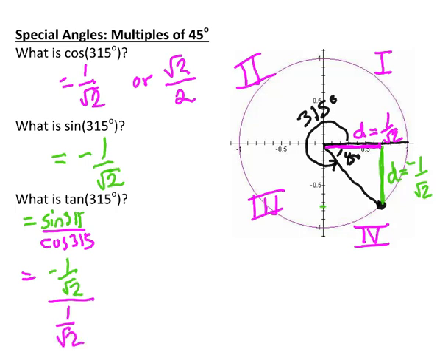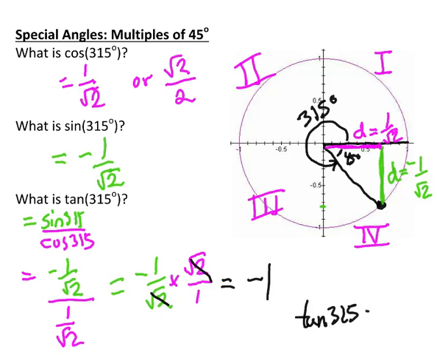You can keep the top fraction the same, so keep the negative 1 over root 2 the same on the top, but multiply by the bottom fraction flipped upside down. And you can see that the root 2's again cancel, and I'm left with negative 1. So tan of 315 must equal negative 1. And you can check that on your calculator. Tan of 315 is indeed negative 1.